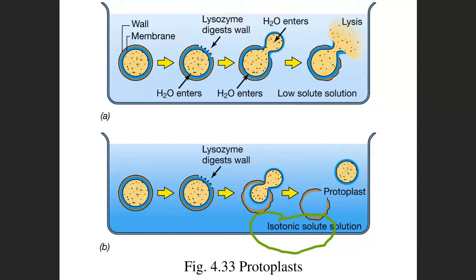So the water will go from low concentration to high concentration. In this case, the water goes into the cell, and then the cell bursts, right? Because it can't take it, just like if you keep putting air into a balloon, the balloon will eventually blow.